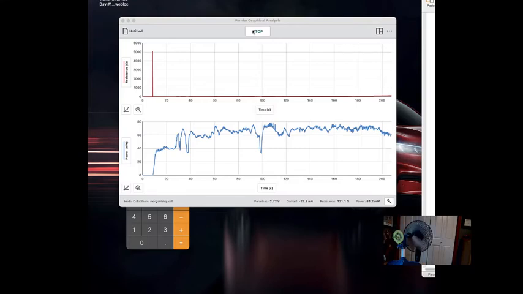Resistance of 105 is 60.9. Not really moving.